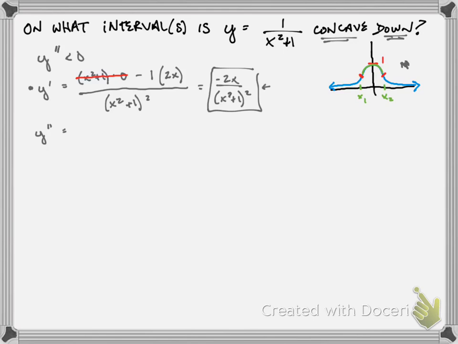But before I do, let me rewrite this as negative 2x over x to the fourth plus 2x squared plus 1. And I'm doing that because I am expanding the square of this binomial, x squared plus 1 quantity squared. We know that when we square a binomial, we square the first.